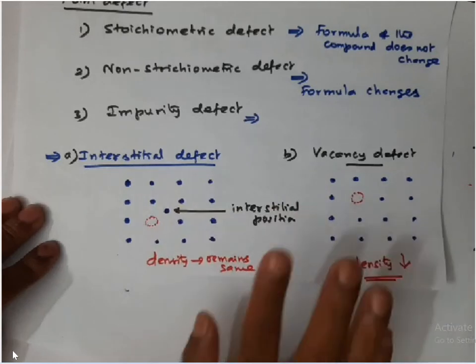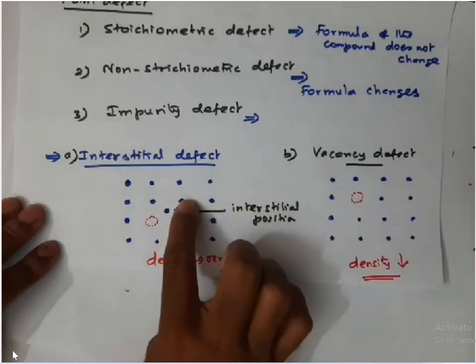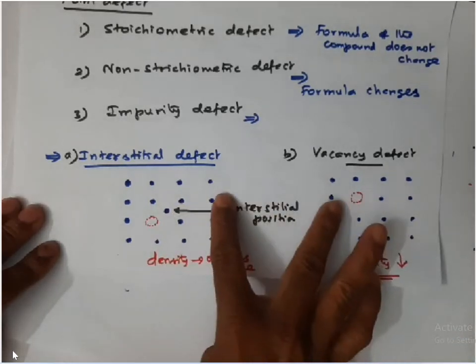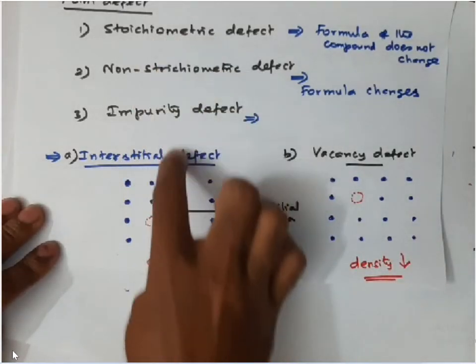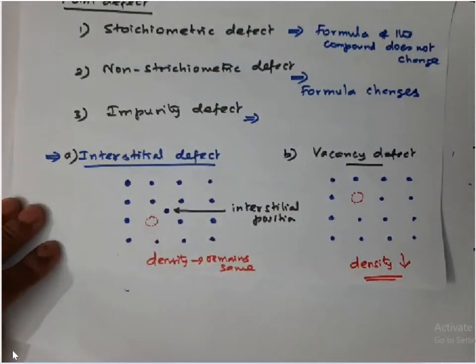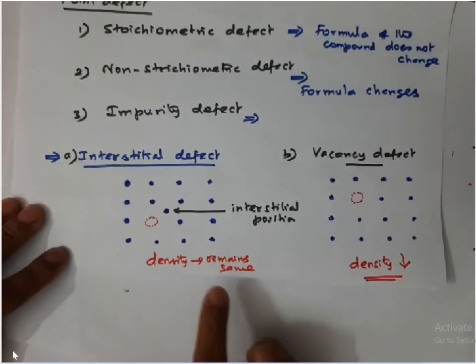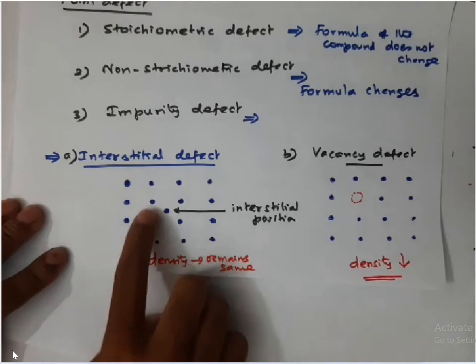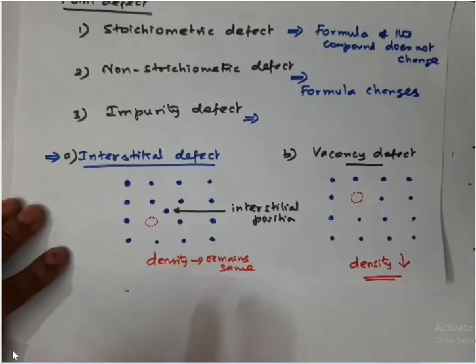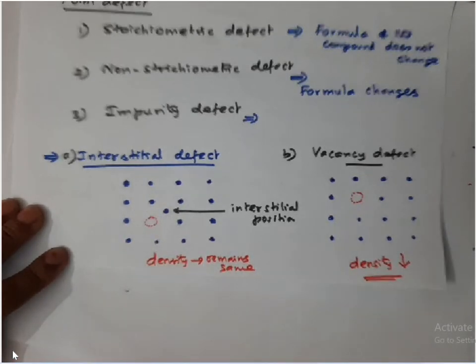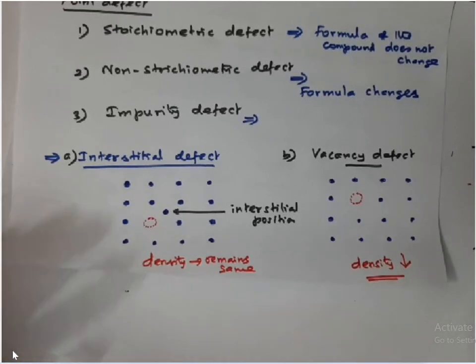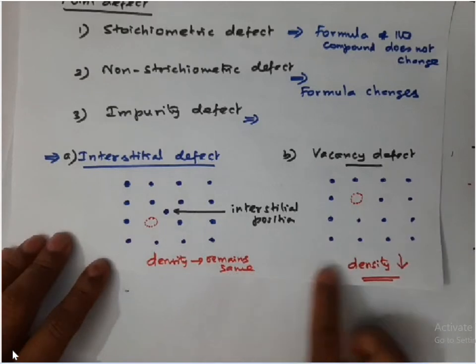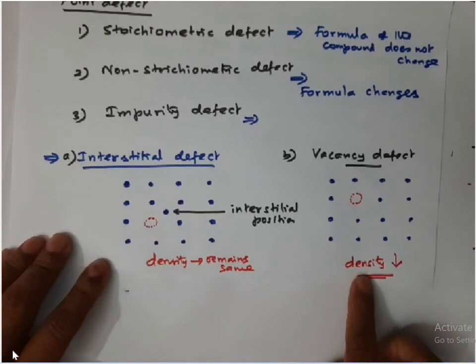These two are common defects: vacancy and interstitial defect. They are present in the stoichiometric, non-stoichiometric, and entropy types. In interstitial defect, density does not change appreciably, whereas in vacancy defect, density decreases.